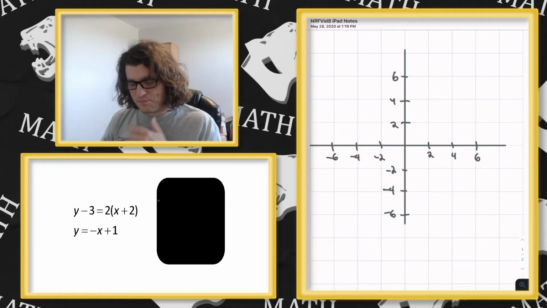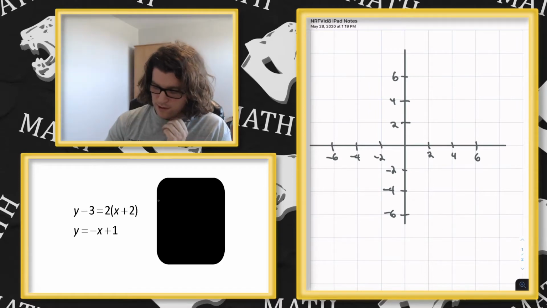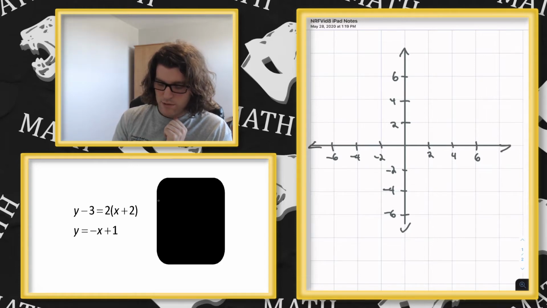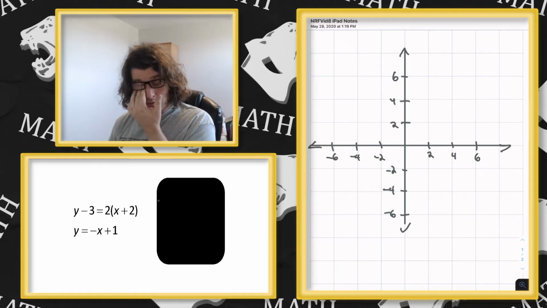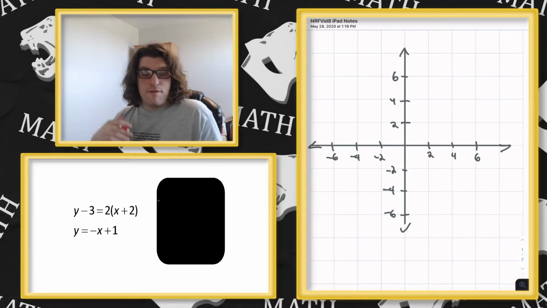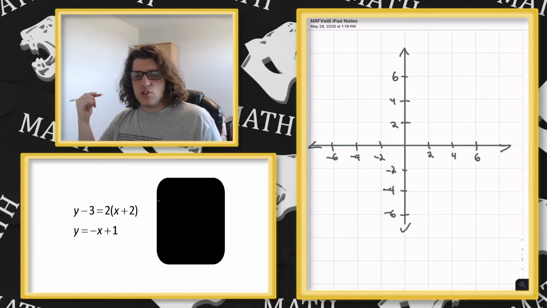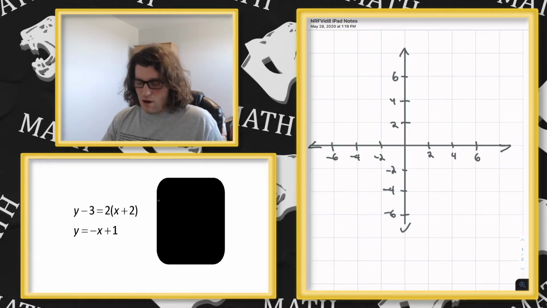All right, so what I'm going to do from here is graph these 2 equations that are on the screen myself. The first one is in point-slope form, and I'm going to take advantage of that and graph by looking at the point that I can put down very quickly by reading it off of that form.